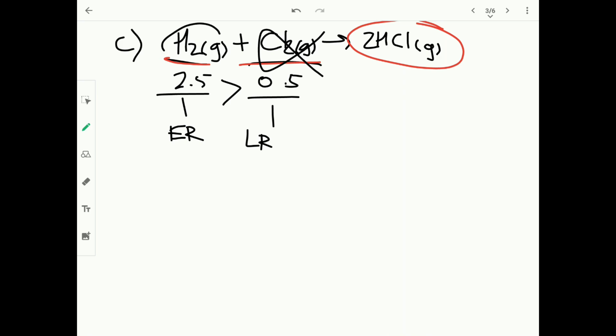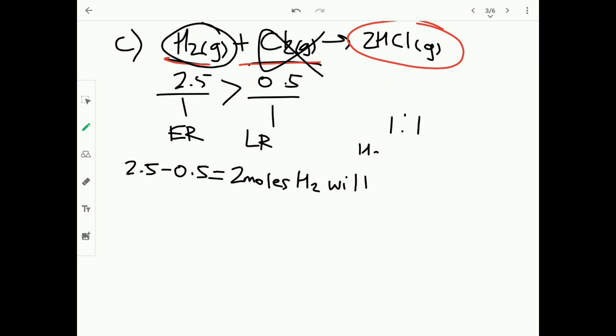But how much H2 will be left at the end of the reaction? Well, it's a kind of unofficial method, but you can easily do just 2.5 minus 0.5. So 2 moles of H2 will be left. The reason I did this is because they react in a 1-to-1 ratio. For every Cl2 mole gone, there will be an H2 mole gone. So 2 moles of H2 will remain.